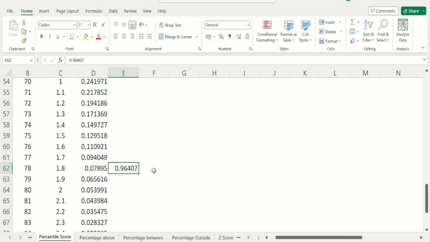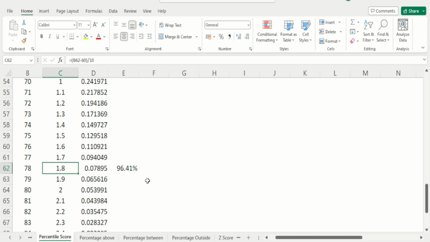What this means is that 96.40%, or rather 96.407%, which rounds off to 96.41 roughly, percent of the data lies to the left, or lies below, the z-score of 1.8.